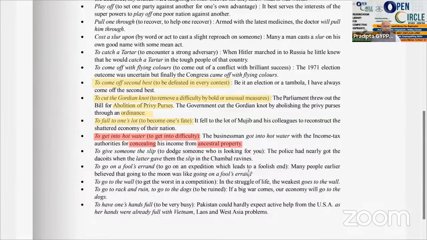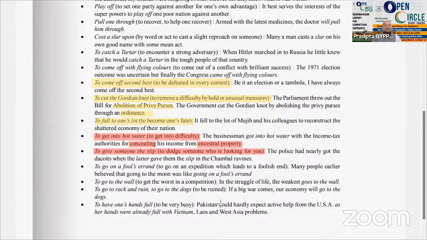Over. Okay. Next. To give someone the slip. To dodge someone who is looking for you. Slip means slip away, to slip out of someone's hands. So to give someone the slip.